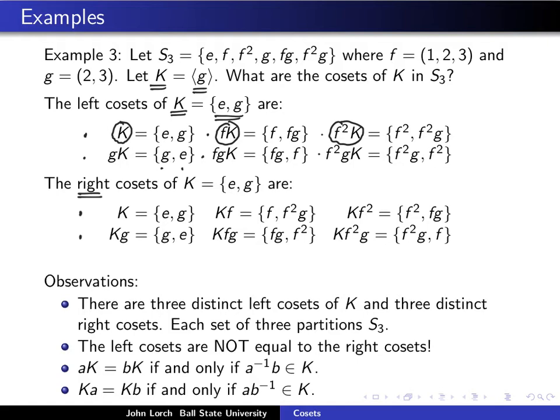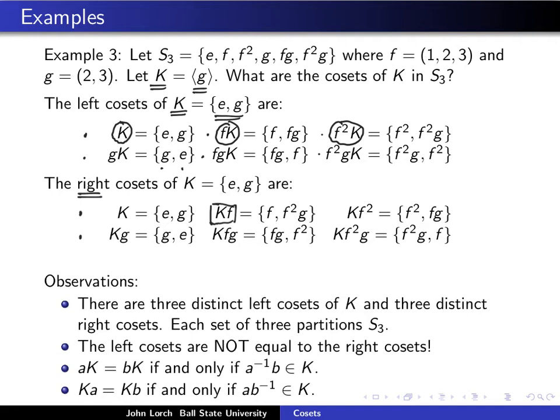But it turns out that that does not happen here. The first place where you can probably see that is when we look at the right coset KF compared with the left coset FK.